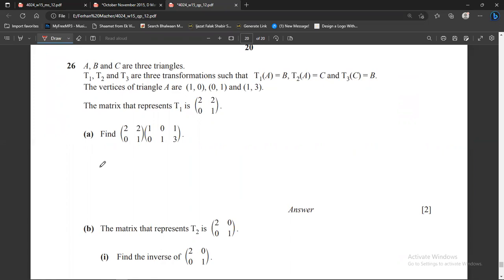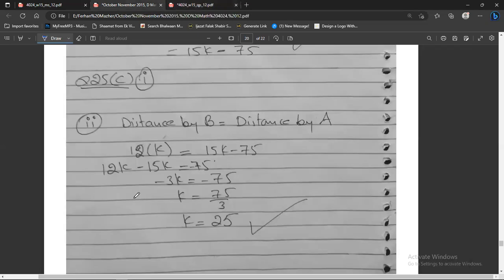The vertices of triangle A are (1, 0), (0, 1), and (1, 3). The matrix that represents T1 is [2 2; 0 1]. Fine. If you multiply the transformation matrix with the object, you will get the image, the coordinates of point B. So just multiply here. You take the rows from here, the columns from here, and multiply them.